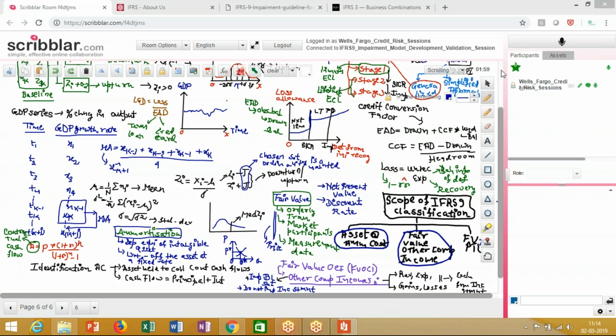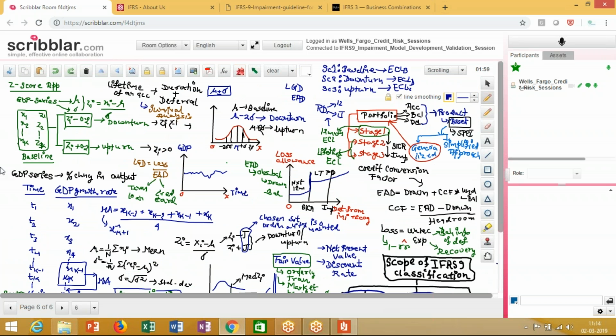Right, Anshu? Let's say very easily. Here we are creating the Z score, right? What we are doing is creating the forward looking estimates, and based on that we are computing the Z score. So first I'm predicting the macroeconomic variable in the next 5 months, 10 months, or let's say 5 years, 10 years down the line, and then based on that I'm computing the Z scores for the severely adverse scenario, and so on.